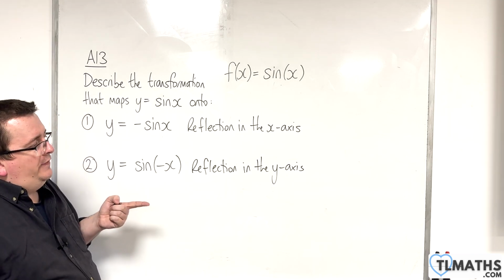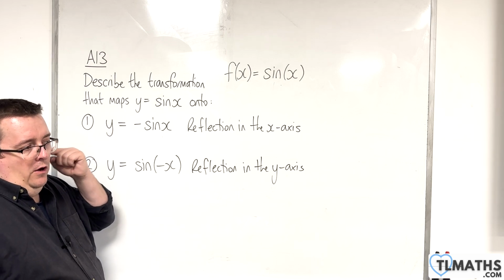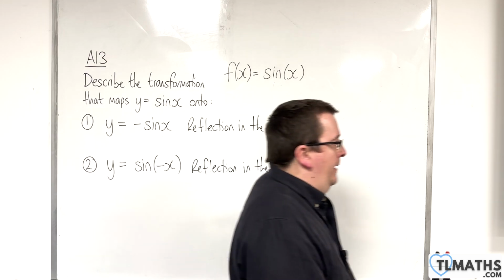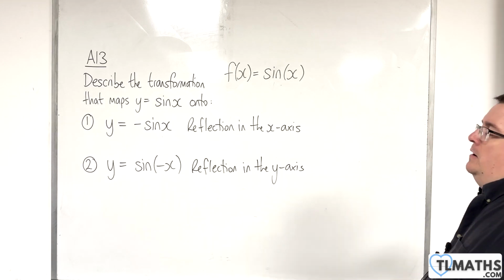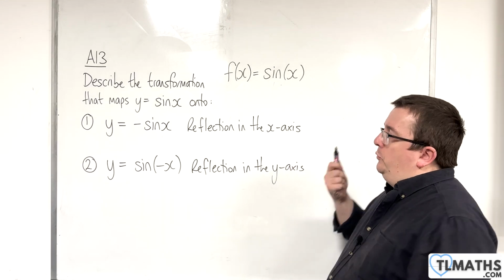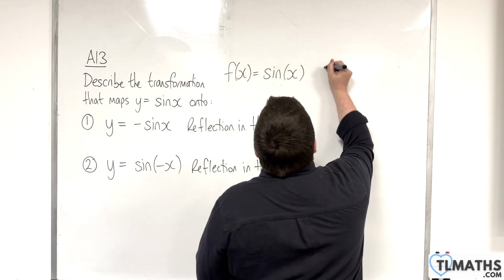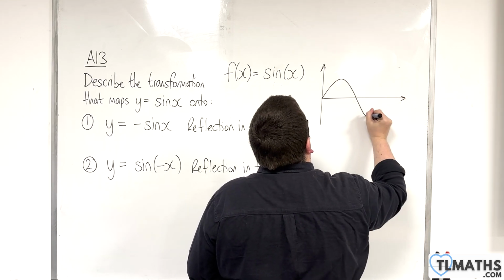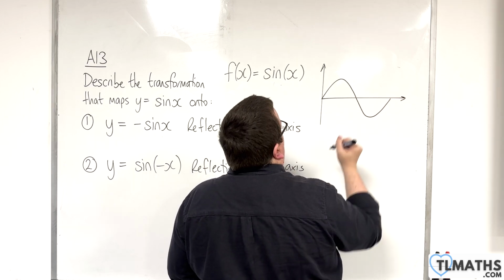But the reason why I've done this video is because of, let's have a think about what the graphs look like. Okay, so let's first of all sketch y equals sine x. So quick sketch, y equals sine x looks like this.